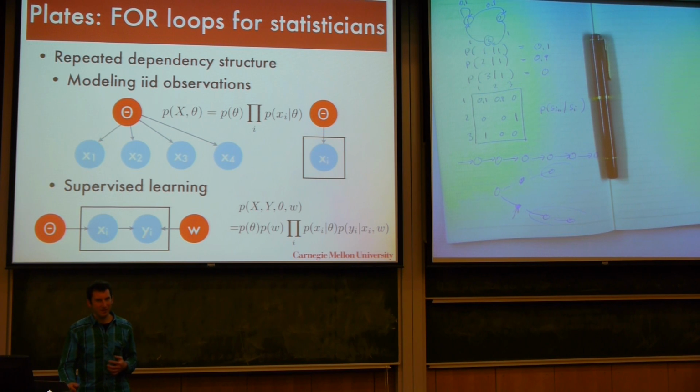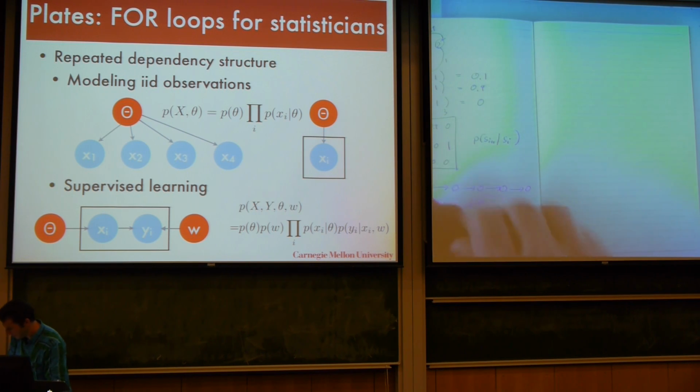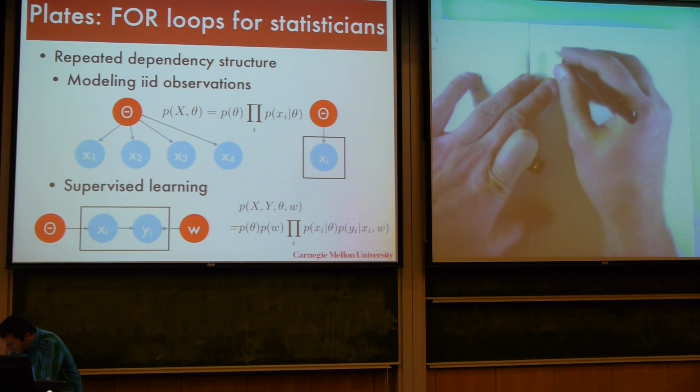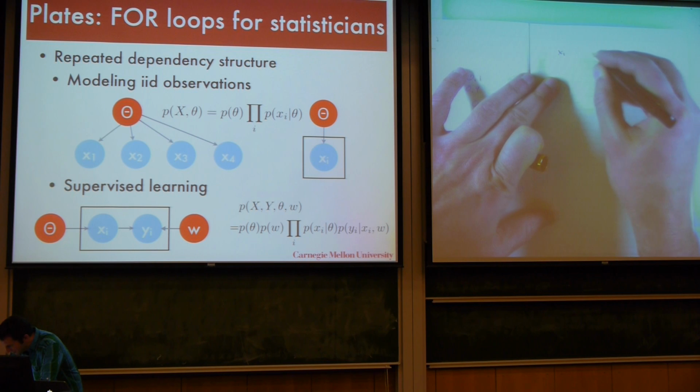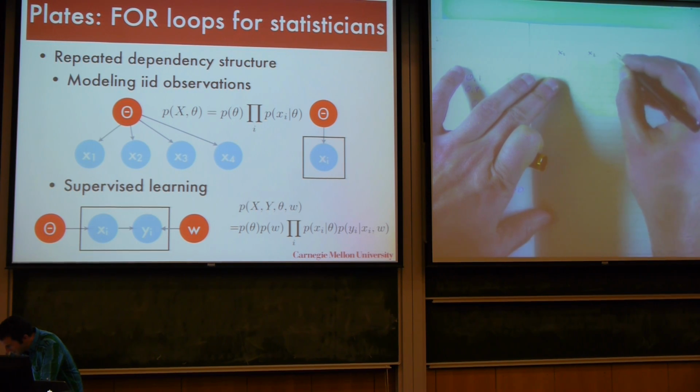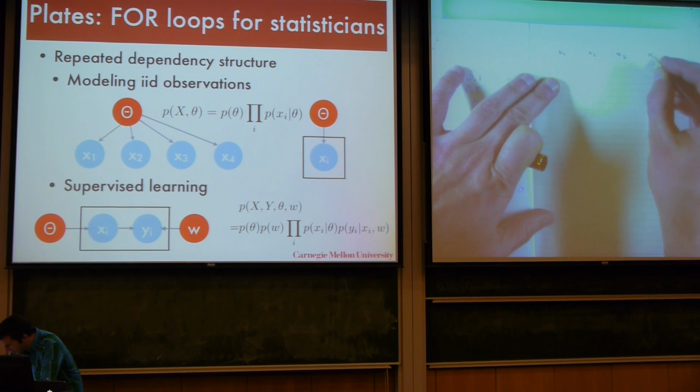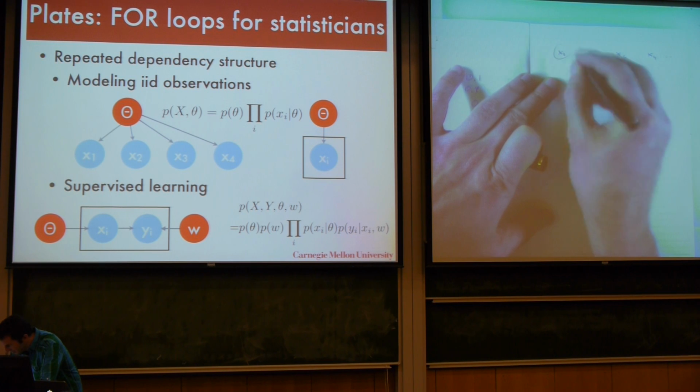It also means that rather than writing out a graphical model and going crazy about it, you can compress it nicely in plate notation. The simplest case is the following. I have random variables x1, x2, x3, x4, and so on.